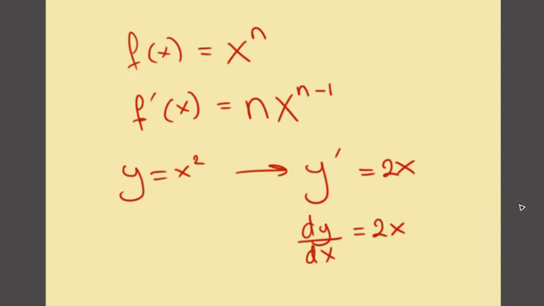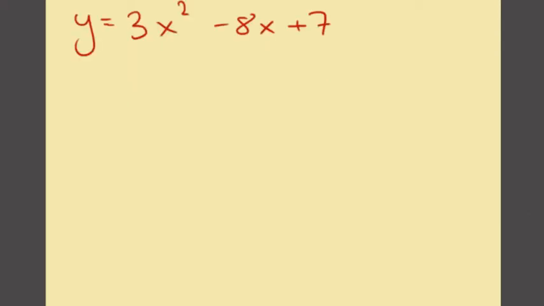Now let's go on to some examples. This is an example. Let's try and do it, using that rule: when you have any function with a power of n, the derivative of that function would be nx to the power of n minus 1.